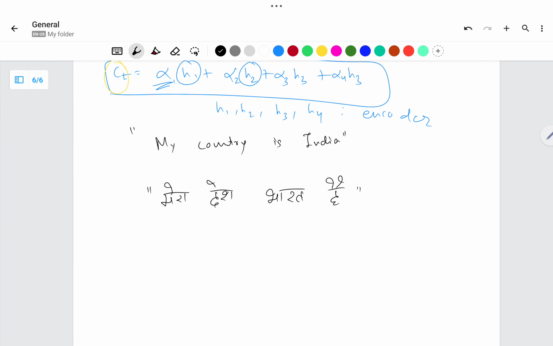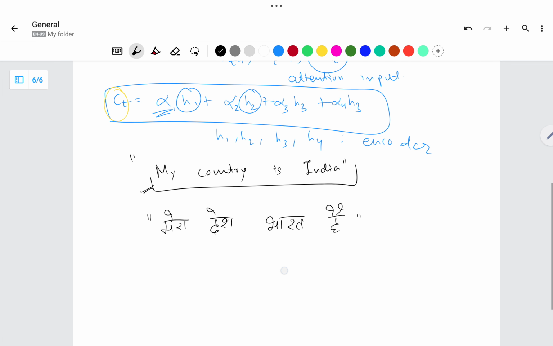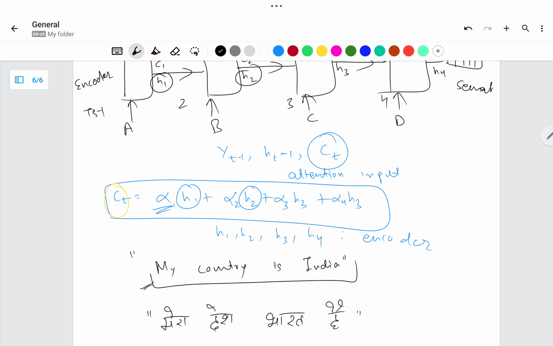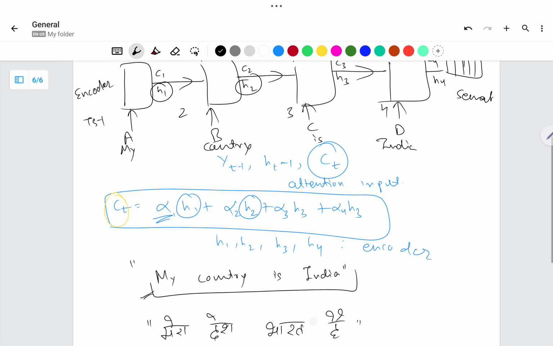Okay, we are performing a simple language translation task from English to Hindi. So we first gave this as our input. Okay, we are not reversing the sentence here. We are simply giving this as our input. So my country is India. At every time step, we gave these as our input.